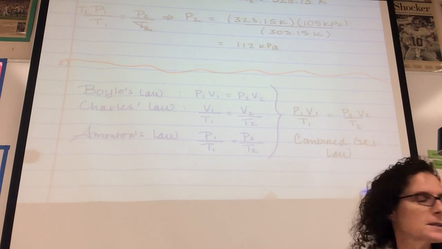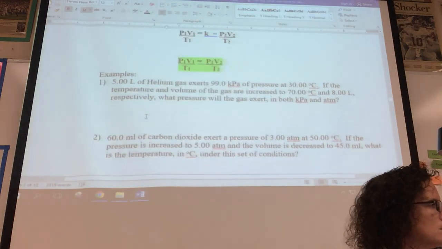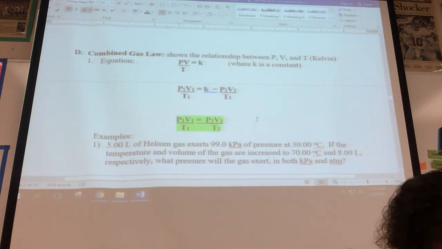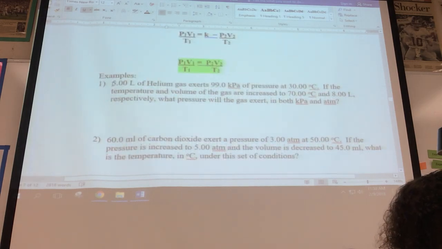All right, in the first example here, and essentially everything I just derived is shown right here, the combined gas law. In your example, it says 5 liters of helium exerts 99 kPa of pressure at 30 degrees Celsius.